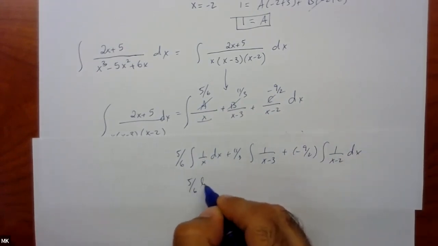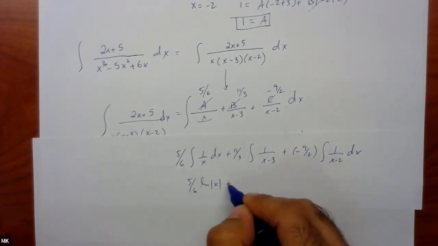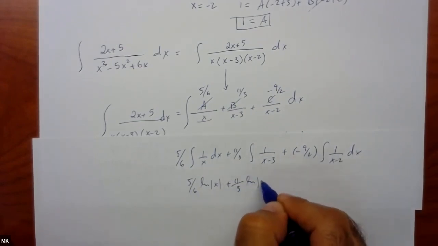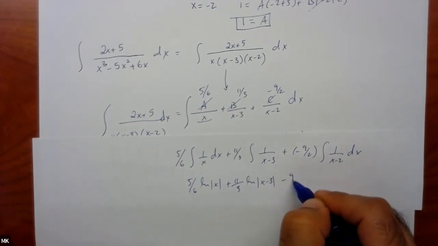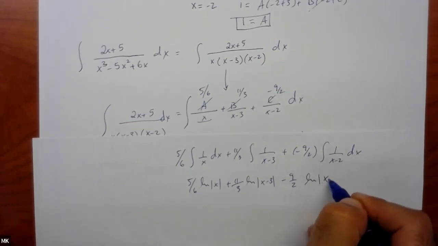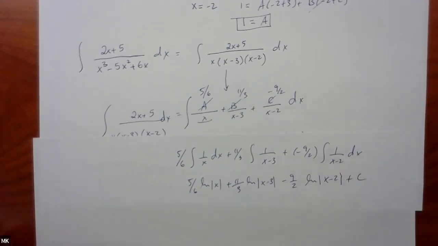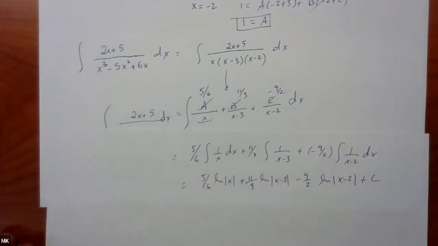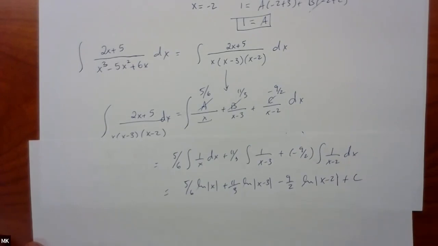So 5/6 ln of x plus 11/3 ln of x minus 3 minus 9/2 ln of x minus 2, plus C, of course. I don't know if you want to combine them, but they won't combine nicely. So I would choose not to do that for this problem.